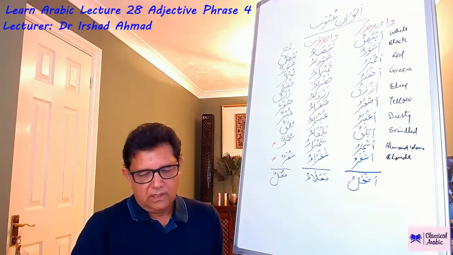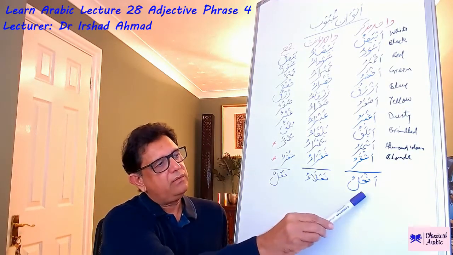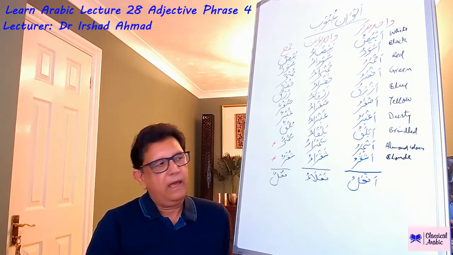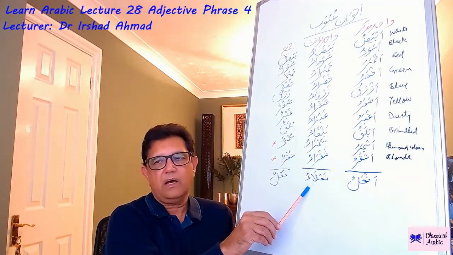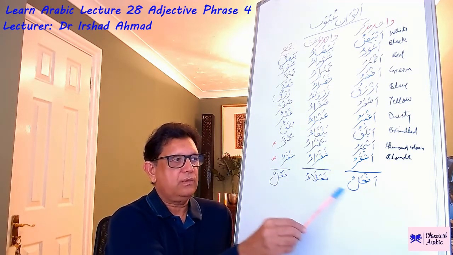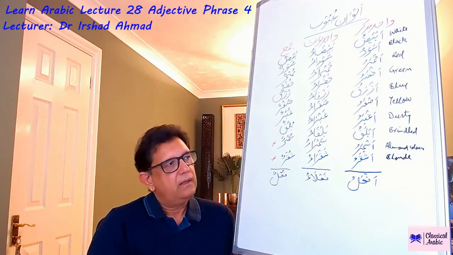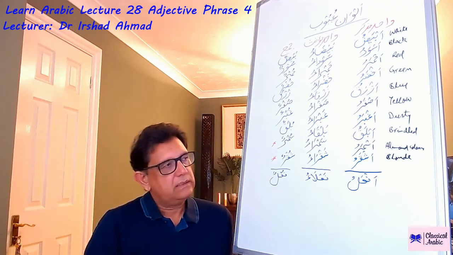So they follow these patterns: af'alu for muzakkar and fa'la'u for muannas, and whether it's muzakkar or muannas, the plural of both is on the pattern of fu'lun. Let us look at certain examples.